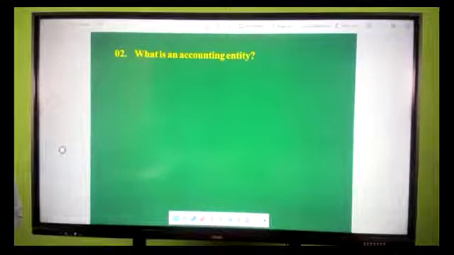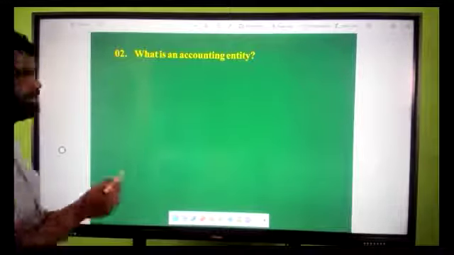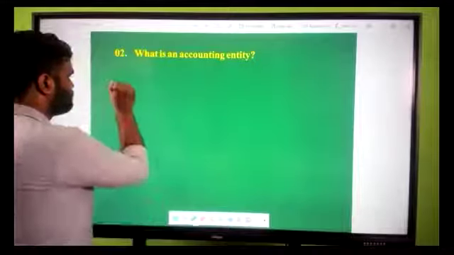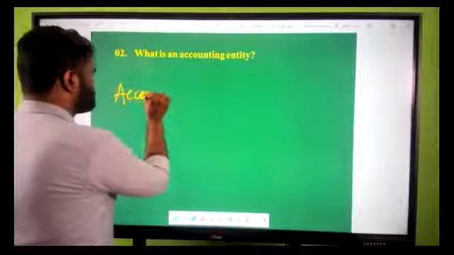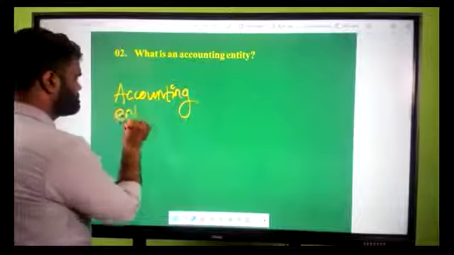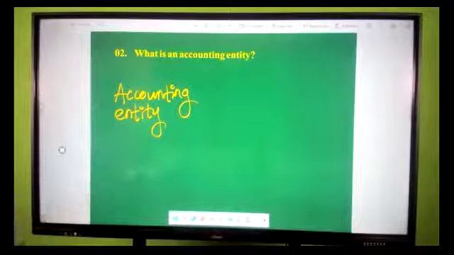What is an accounting entity? Accounting entity means: for whom do we prepare this accounting?